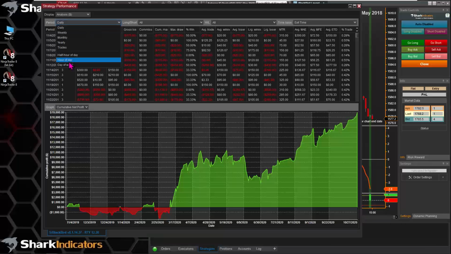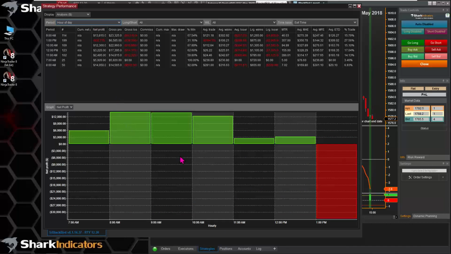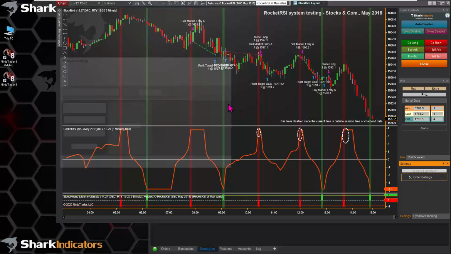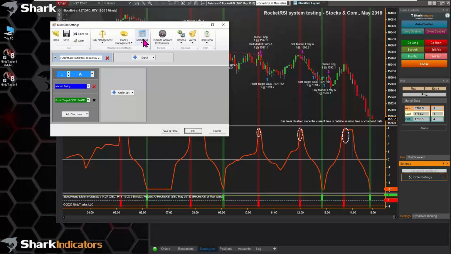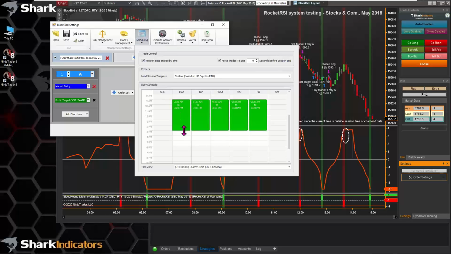But let's go back to hour of day, and even though we clipped off the 2 p.m. hour, this last trade of the day is still the big loser. Maybe some statisticians can explain why that would be. You would think logically that clipping that last hour of the day might help. Or, oh, maybe it's this: I've got forced trades to exit, so maybe we're closing the trade out too soon.